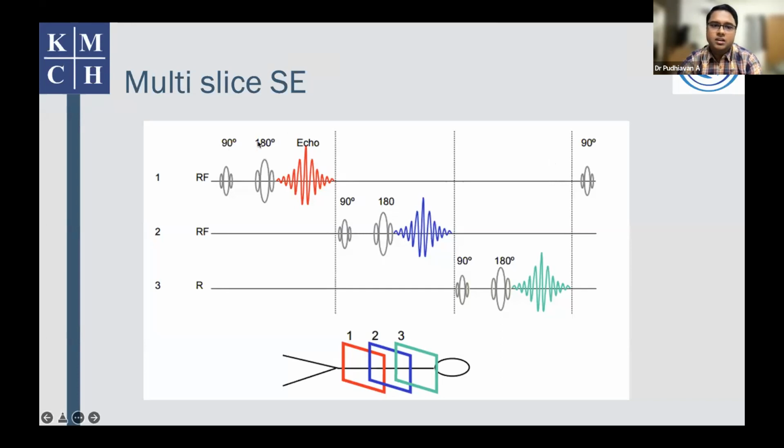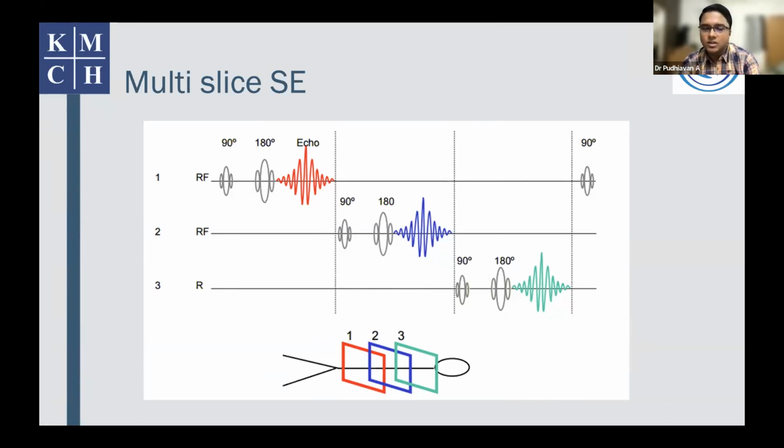But the 180-degree pulse is given at around, say, 60 or 70 milliseconds, and we get the echo at around 140 to 150 milliseconds. From 150 milliseconds up to the 2000 or 3000 milliseconds, we practically do nothing. We just wait for the TR time to get over, so that we can give another 90-degree pulse and start the next sequence.